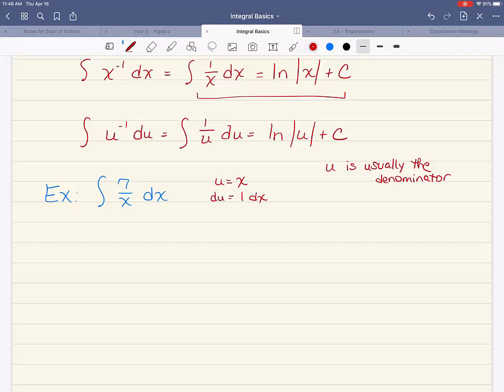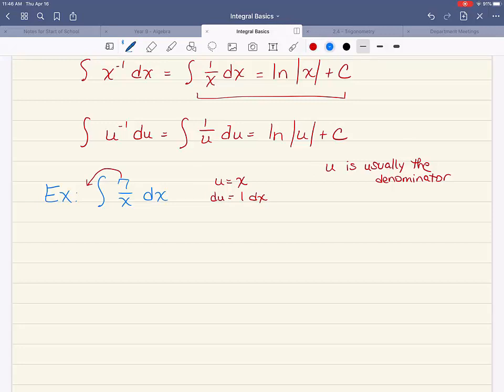If you're doing a U-substitution where u is x, you're not doing much to the problem. You're not simplifying it at all. So this was kind of a way that we didn't really need to go. However, we have this little 7 sitting up here that we have absolutely no use for. I believe I told you in a previous video that anytime you have any extra numbers that you don't need, remember that they can move out of the integral.